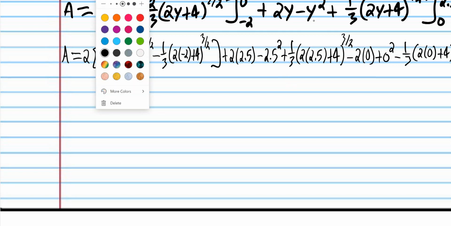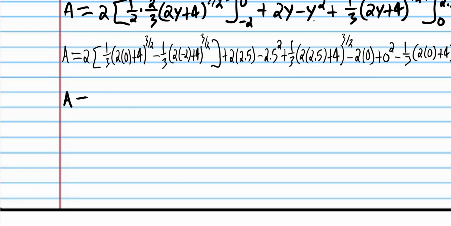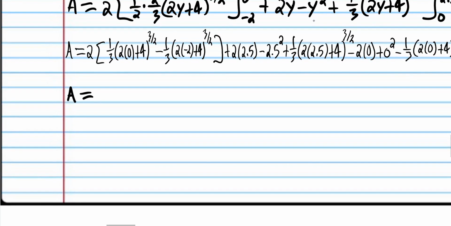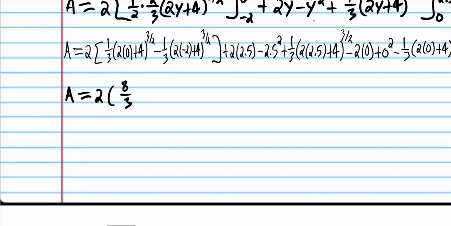Okay. So you can do this on your own. I mean, it's really hard to show every step of this because it would just go on forever. But that becomes 8/3, and that becomes 0.